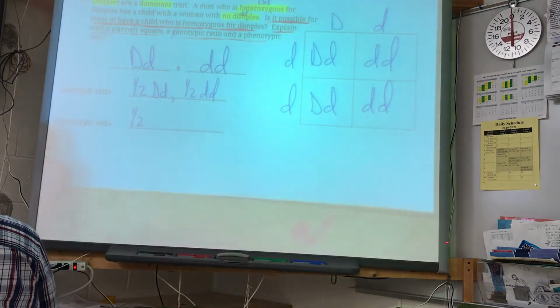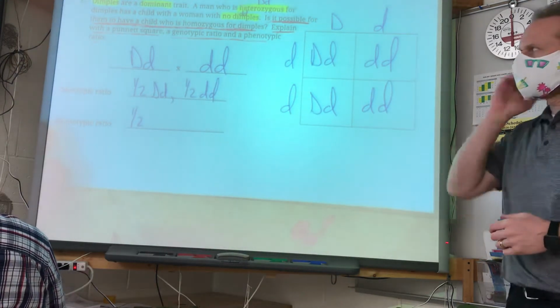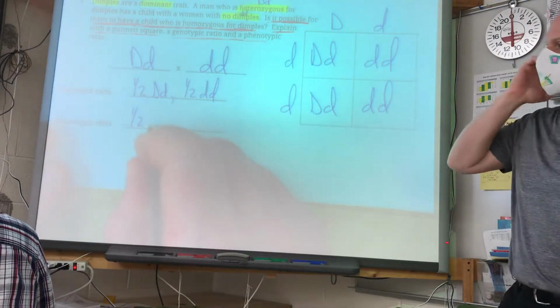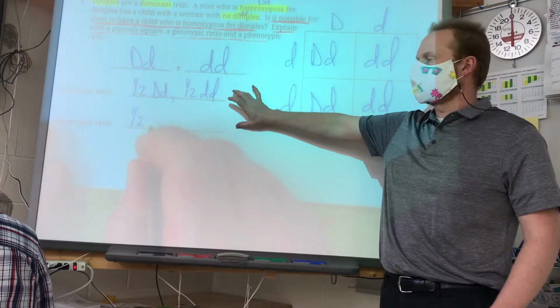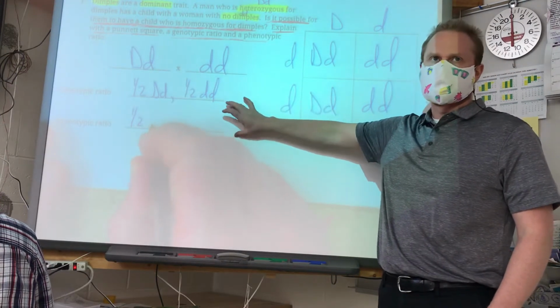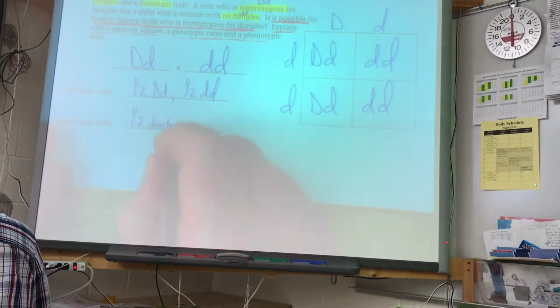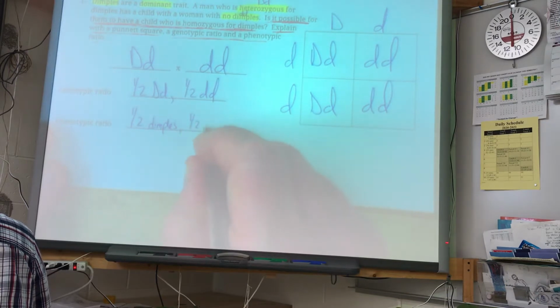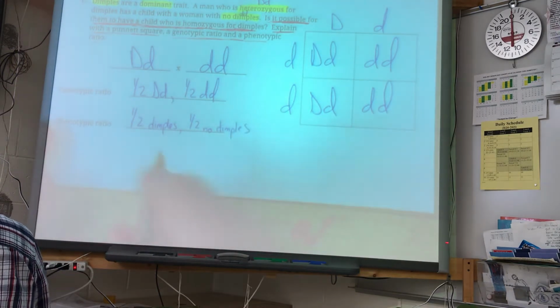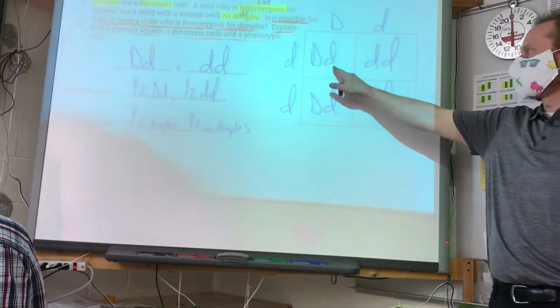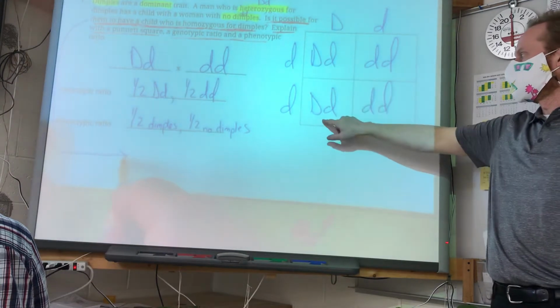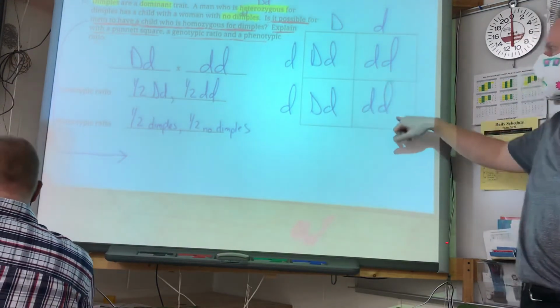Here's the Punnett square, and let's make sure we're solid on the genotypic and phenotypic ratios, because this is standard procedure when we do Punnett squares, looking at the possible outcomes. Out of my 4 boxes, 2 are going to be big D, little d, and 2 out of my 4 are going to be little d, little d. The big D means the dominant trait is being expressed: dimples, dimples, no dimples, no dimples.